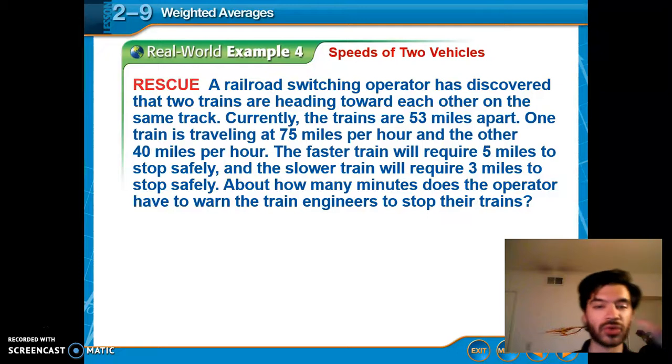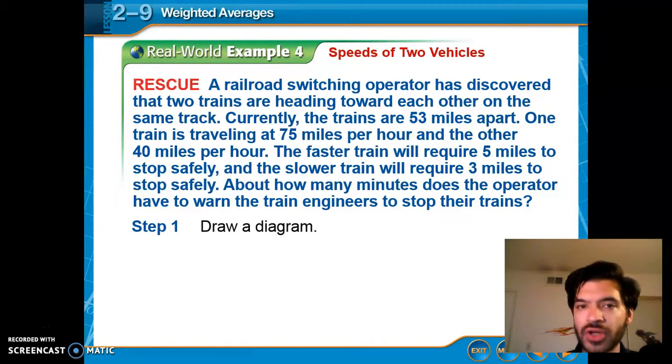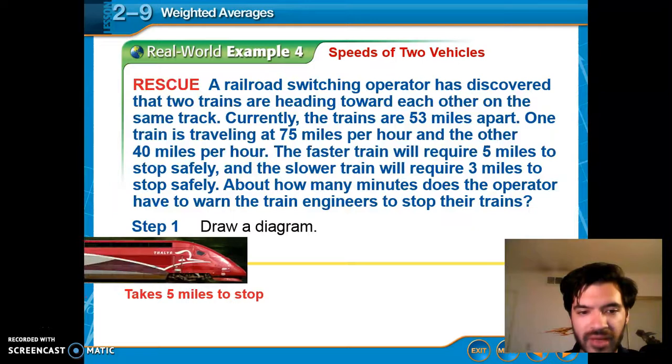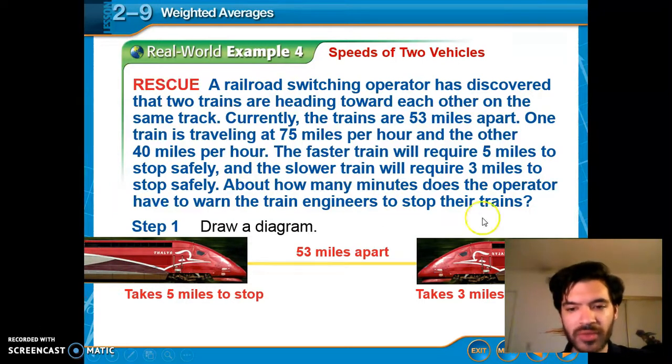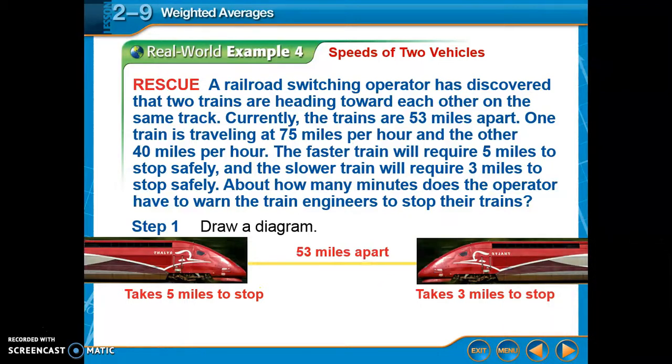Okay, so let's start. First, we want to draw a diagram. It's kind of helpful. So we know that we've got all this stuff. These two trains are 53 miles apart. It takes 5 miles to stop for the faster train, and it takes 3 miles to stop for the slower train.